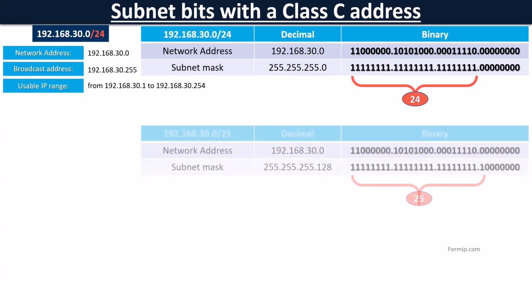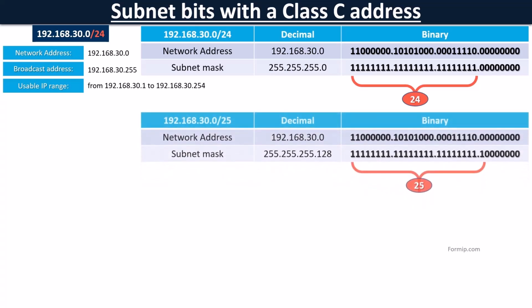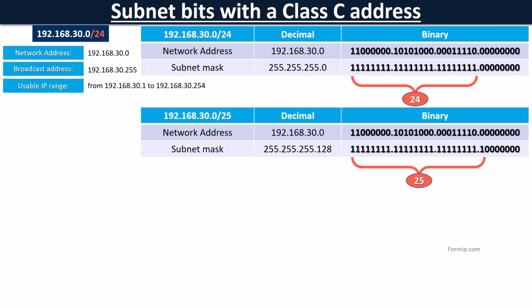Now let's say that we want to create a subnet by borrowing a bit from the host part. On the fourth byte, we now have a 1 followed by 7 zeros, which gives in decimal the number 128. The mask will therefore be 255.255.255.128. As in total there are 25 bits at 1, the network will be written 192.168.3.0/25.